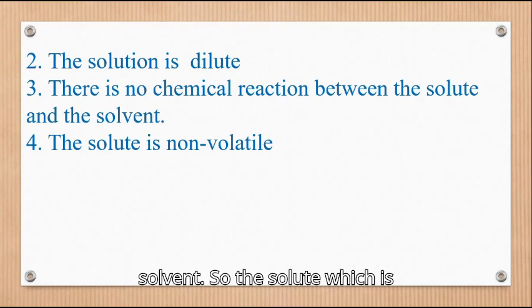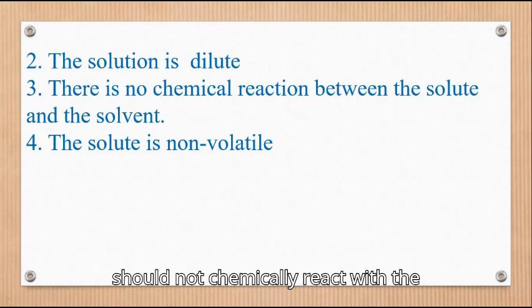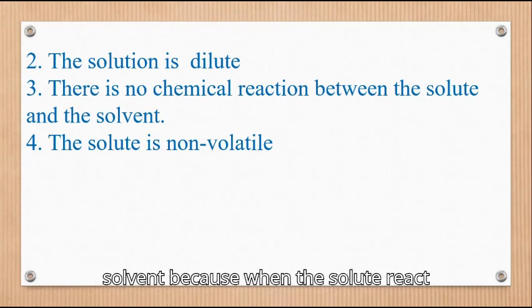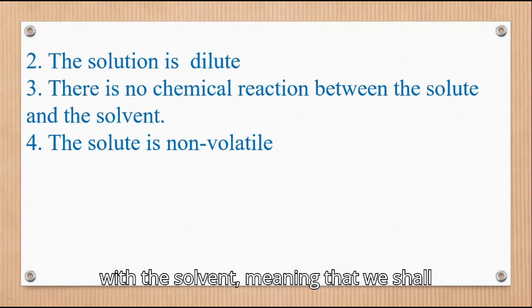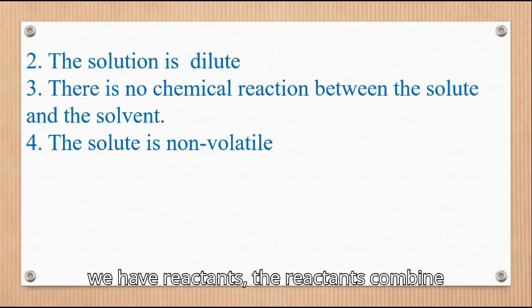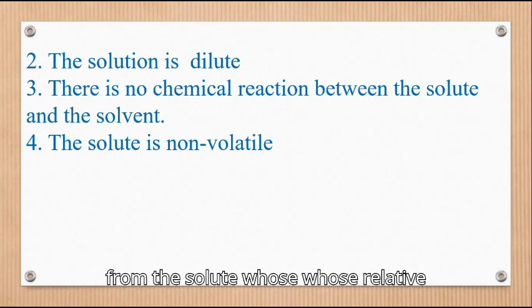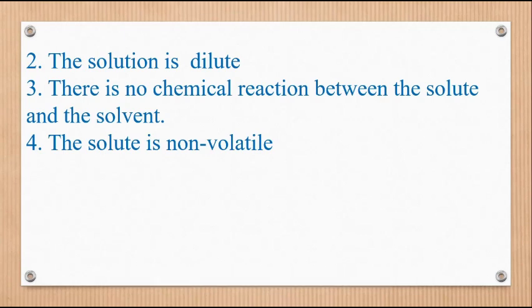So the solute, which is supposed to be dissolved in the solvent, should not chemically react with the solvent, because when the solute reacts with the solvent, we shall obtain a new product. And remember, when we have reactants, the reactants combine to form new compounds, which will be very different from the solute whose relative molecular mass is to be determined.